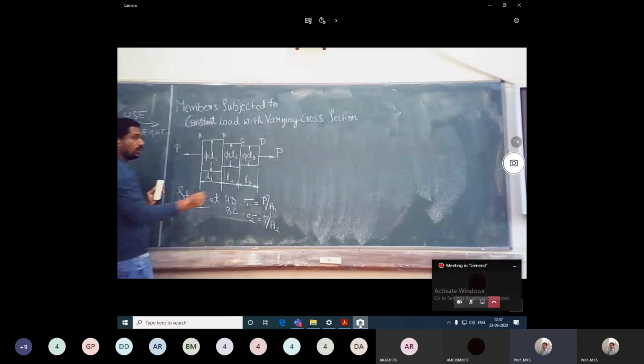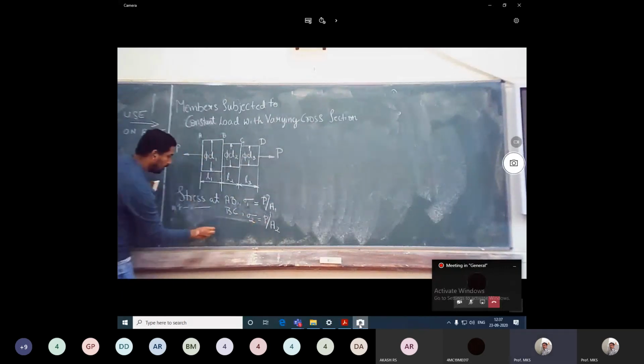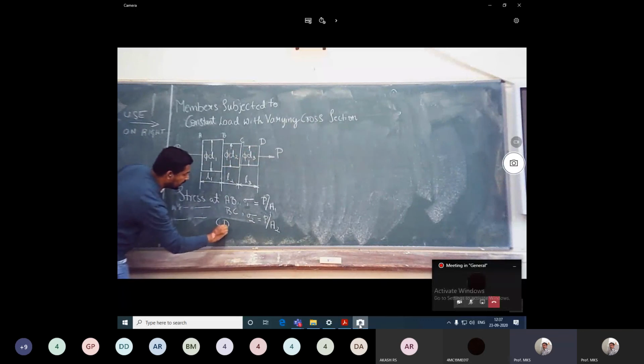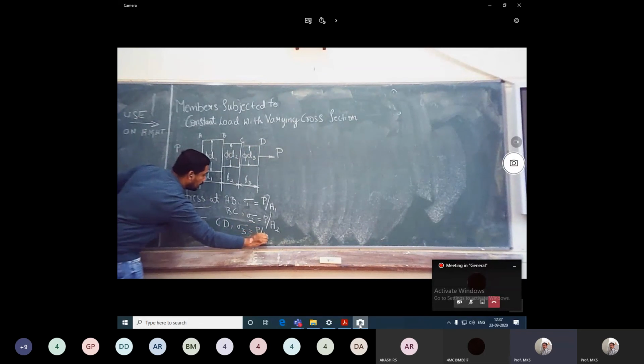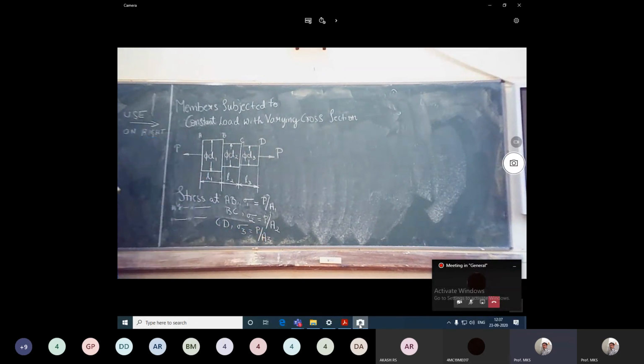Similarly, at another cross section, that is CD, sigma 3 is equal to P by A3. So these are the different stresses acting at the respective cross sections, right? Why is the stress different? Since the area of cross section is different at different sections. So next, what about strain?